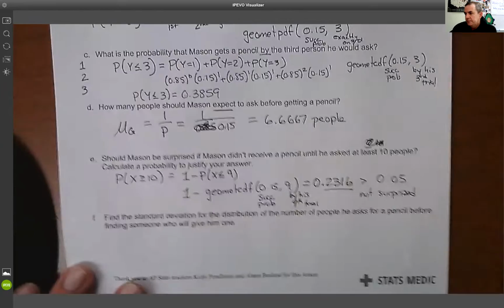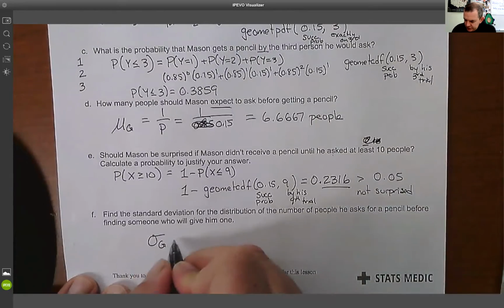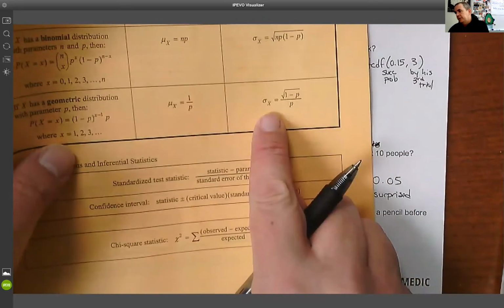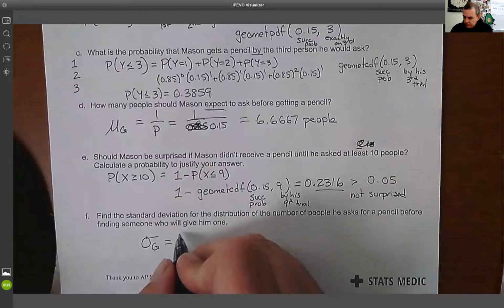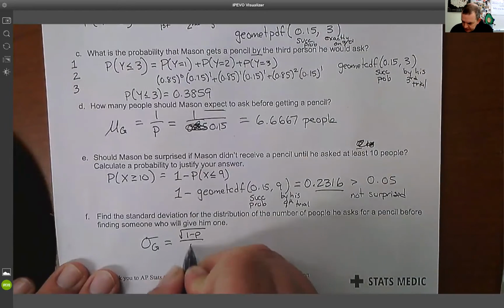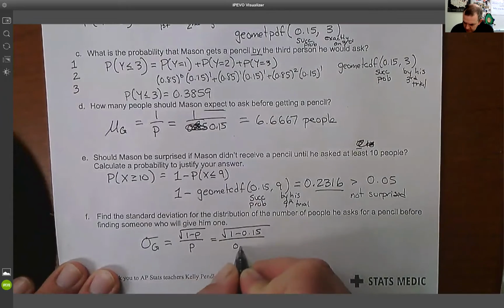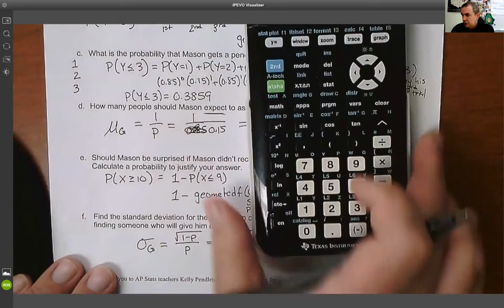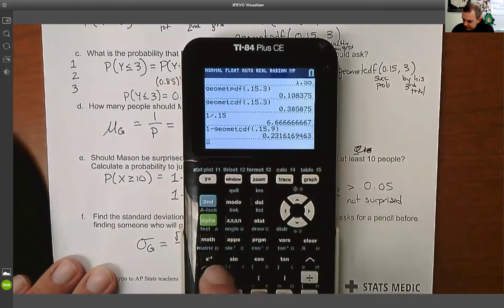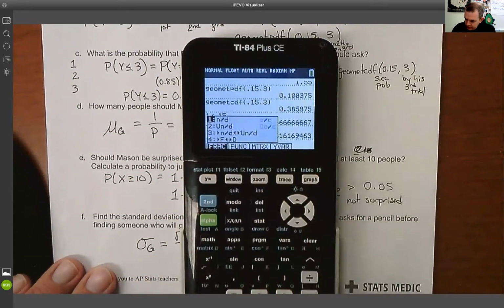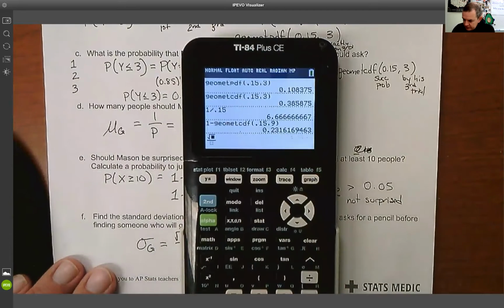And then the last one is a standard deviation question, the standard deviation of a geometric. Again, on your formula sheet, there's the formula for standard deviation: the square root of 1 minus p over p. So the square root of 1 minus 0.15 over 0.15. It's a plug and chug. In the calculator, second, square root of 1 minus 0.15 over 0.15.